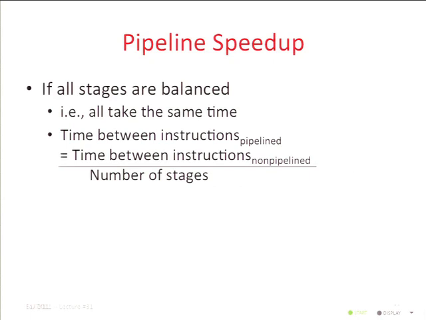So if it used to take you 1,000 picoseconds to execute the entire instruction, we had 800, but that's hard math, so we'll say 1,000, and you had 5 stages of 200 each, your average time to execute an instruction should be 200, because in a space of 1,000 you'd be able to execute 5 instructions. But that's only true if things are balanced.